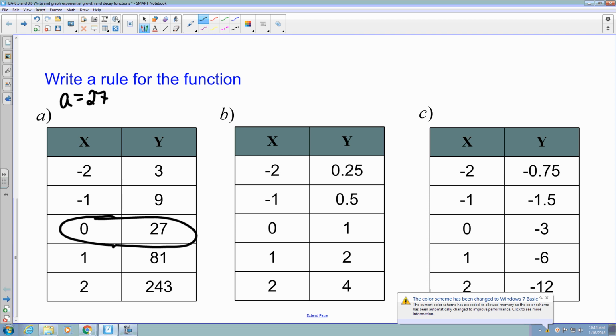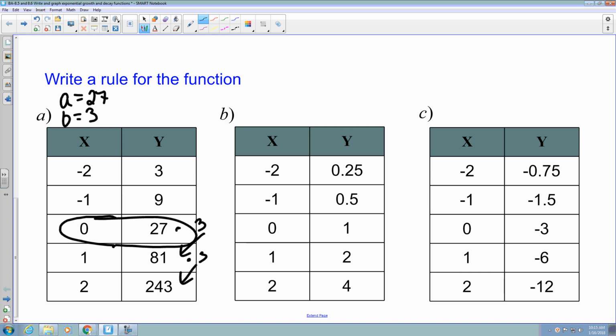And then we take the product as it increases by 1. You multiply 27 by 3, that gets us 81. Same thing here, you multiply by 3, you would also get 243. So that means that b is 3. So my rule will be y equals 27 times 3 raised to the x power.